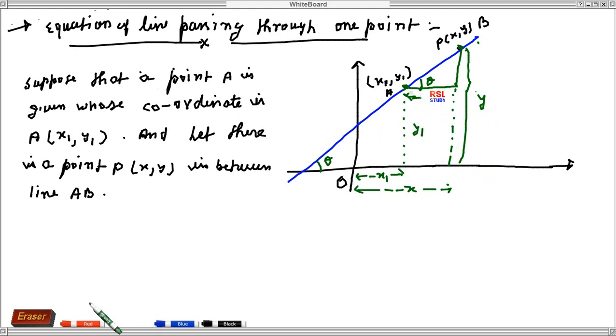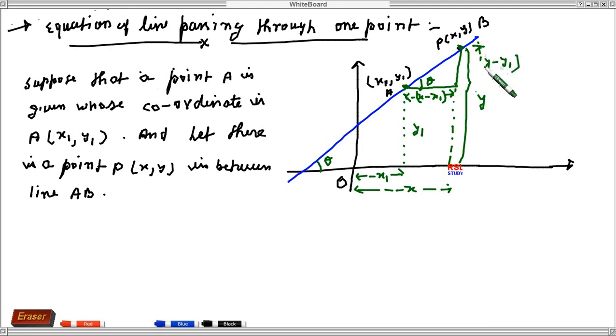So what will be the length of this? Since the length of this is x and the length of this is x1, this length must be x minus x1. And if this length is y1, then the line parallel to it must also be y1.